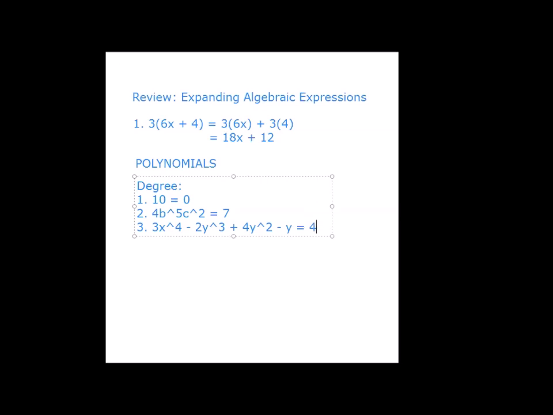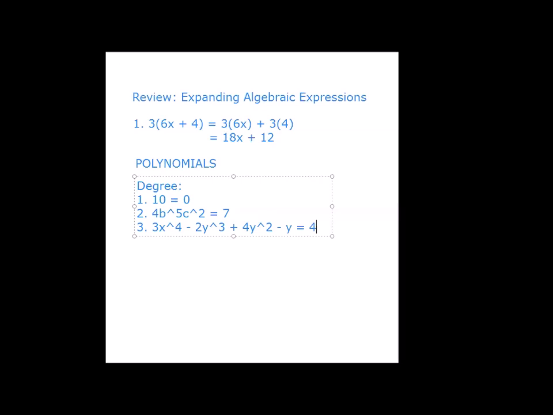Okay, let's go back to the whole polynomial. 3x to the fourth power minus 2y cubed plus 4y squared minus y. So we have the first term 3x to the fourth power. It has the degree 4. The negative 2y cubed has the degree 3.